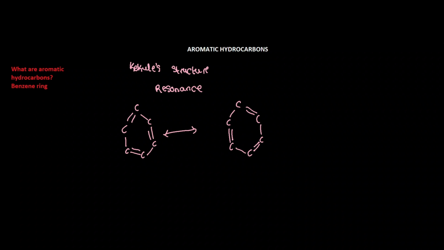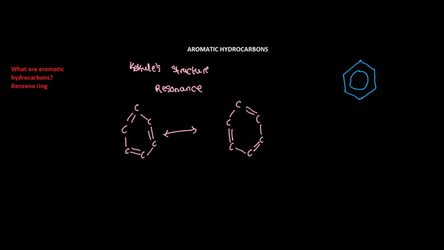So it actually resonates between these two structures. This is the hybrid structure of the benzene ring, and to represent this with a single diagram, we would have a hexagonal structure with a circle in the middle just to show that the electrons forming the double bond are delocalized.